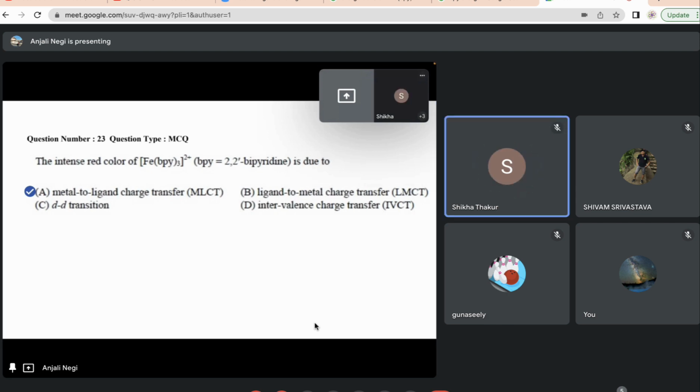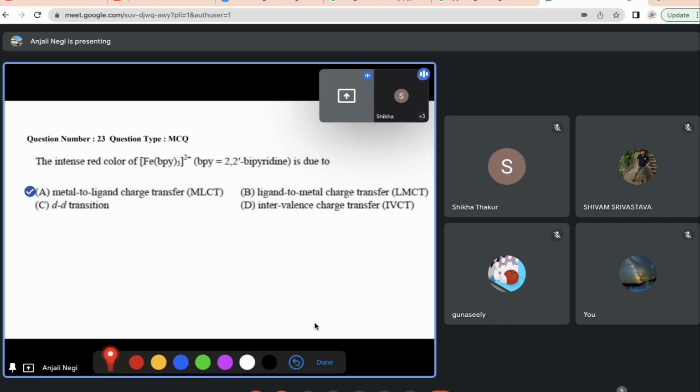Yes, ma'am. Okay, good. So this is a question from 2015, and it states that the intense red color of this particular complex is due to what. Since this is a bipyridine complex, bipyridine is first of all a strong field ligand, it's a neutral ligand, and it's a pi accepting ligand.